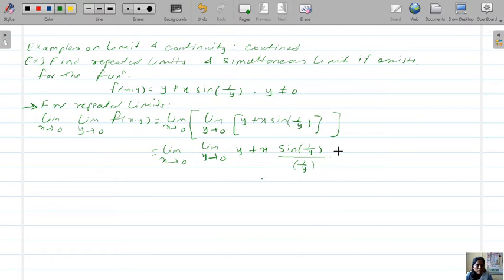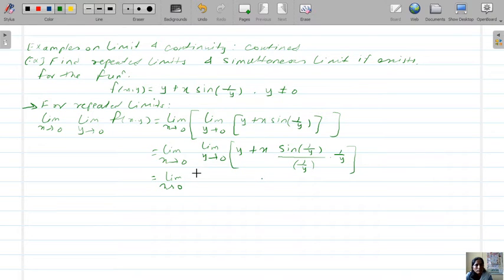Here divide and multiply it by 1 upon y. So at the numerator you will get 1 upon y as it is. So you will get this limit is 1. So it is limit x tends to 0, and if you put limit as y tends to 0, this limit becomes 1, and this is 0, and x into 1 upon y is there.